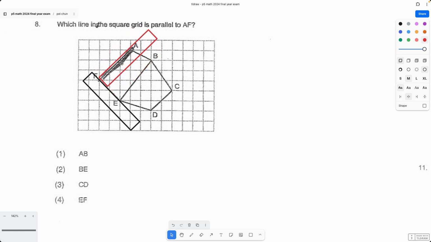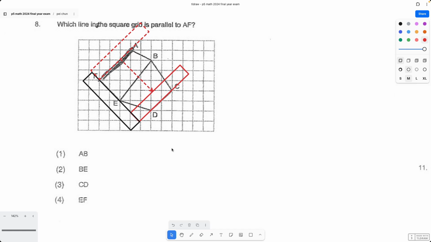So is it aligned to B and E? Nope. Is it aligned to C and D? Yes, it is. Okay, so in this case over here, A and F and B and E, I'm gonna put an arrow, slide this down, correct? I slide this down, right?